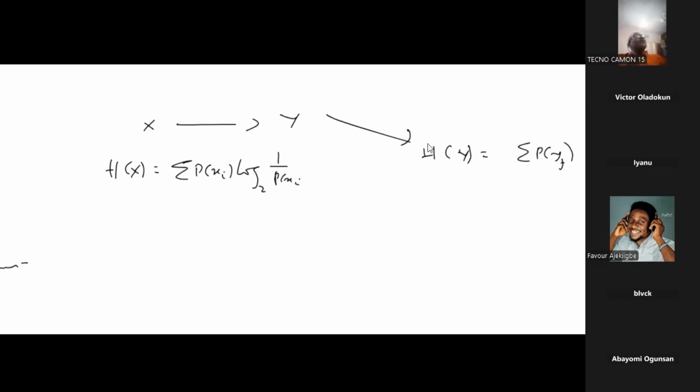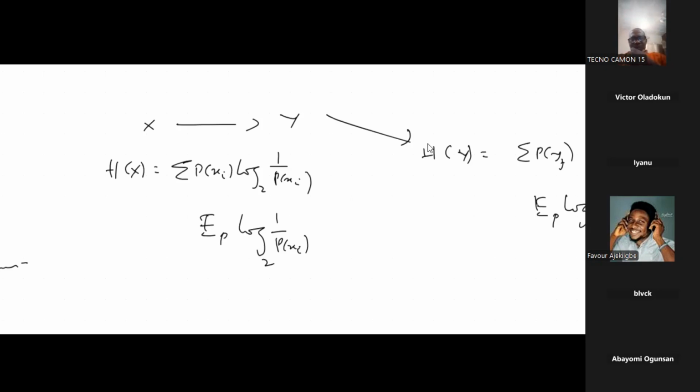Okay, so it's the same thing. Or I could say the expected value of log 1 over p(xi) base 2, or the expected value of log to base 2 1 over p(yj).